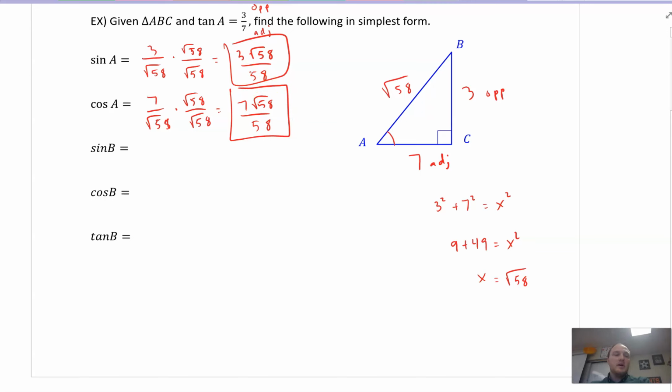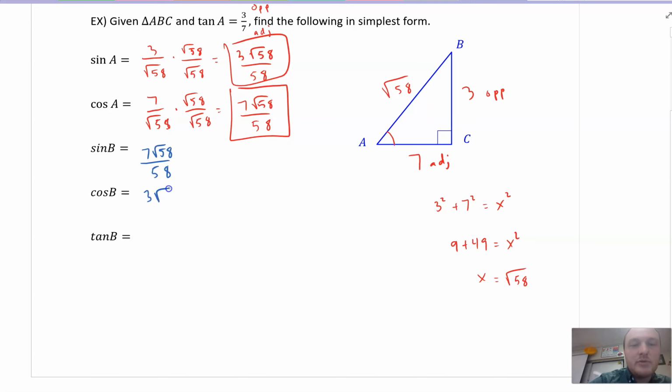Next, we want sine of B and cosine of B. Well, remember, they're complementary angles, so cosine of B is sine of A. Sorry, I have my words mixed up. So this is 7 root 58 over 58.